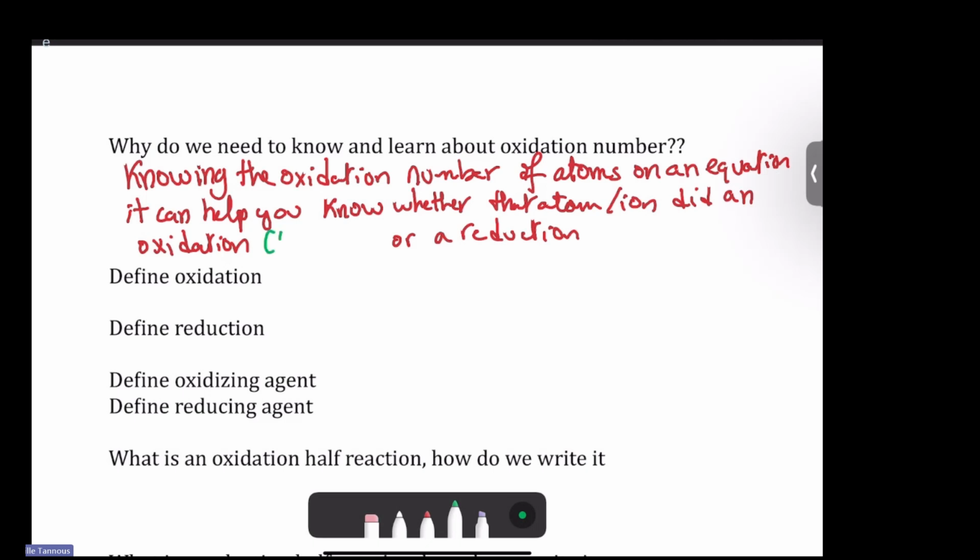So oxidation means loss of electrons. I can know that this atom lost electrons or gained electrons. How?